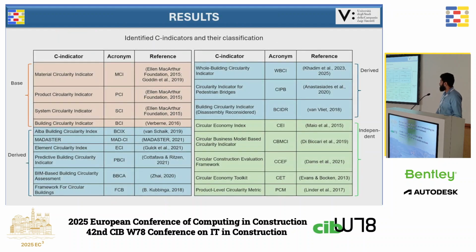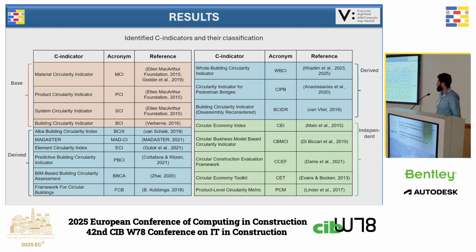So these are some of the indicators that I've identified and categorized in 3 categories. There are base indicators that are based on quantitative or mass-based factors. MCI basically requires the fractions or percentages of the recoverable materials within the building demolition part.